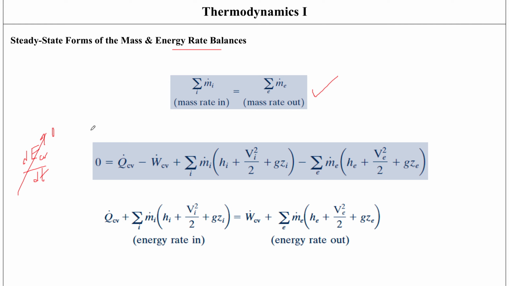We're left with this equation, or we can rearrange it, taking work done and the exit energy rate onto the other side, and this is the equation we are left with.